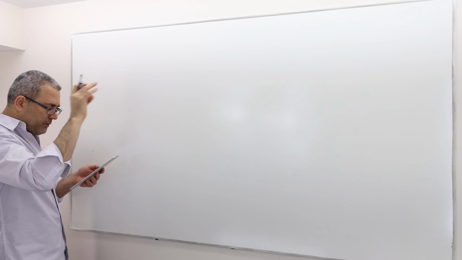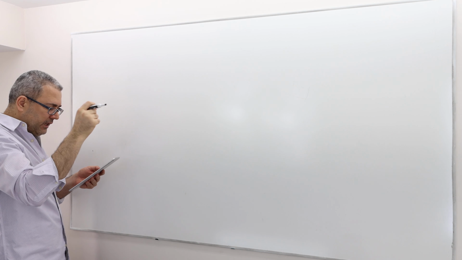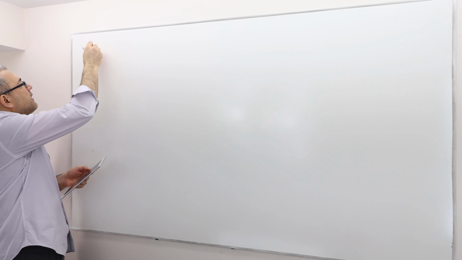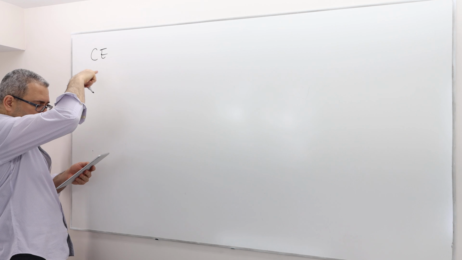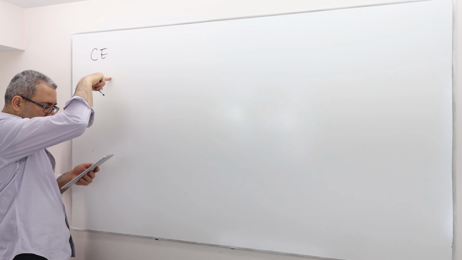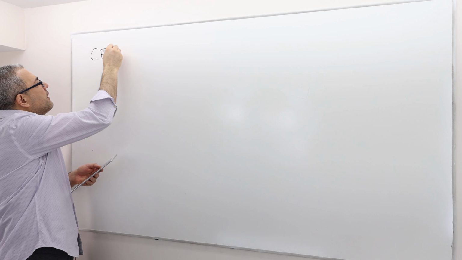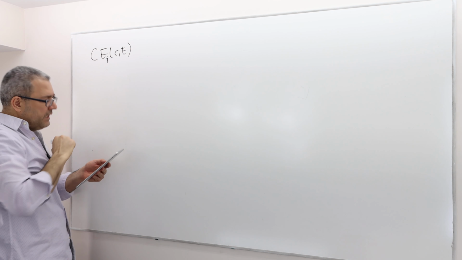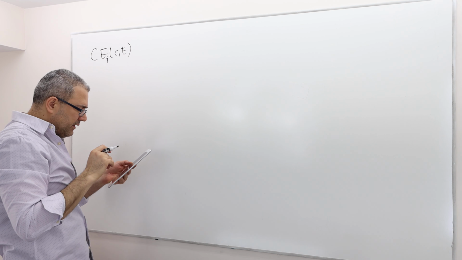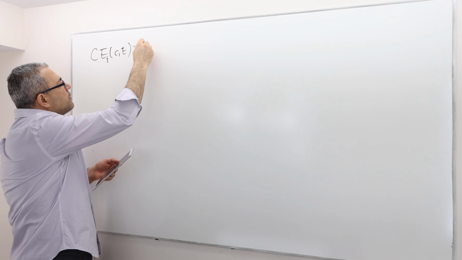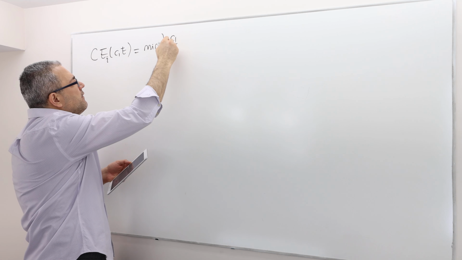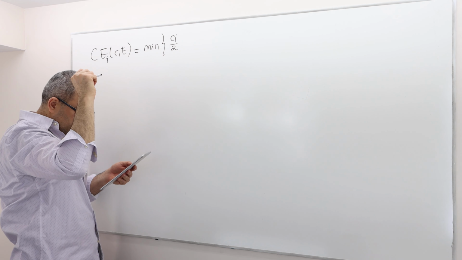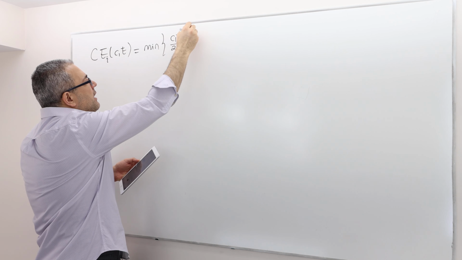For any claims problem (C, E) and for any individual i, the constrained egalitarian rule, denoted by CE sub i under this claims problem (C, E), so there are too many C's and E's, I know, is equal to the minimum of c_i divided by 2, comma, lambda.